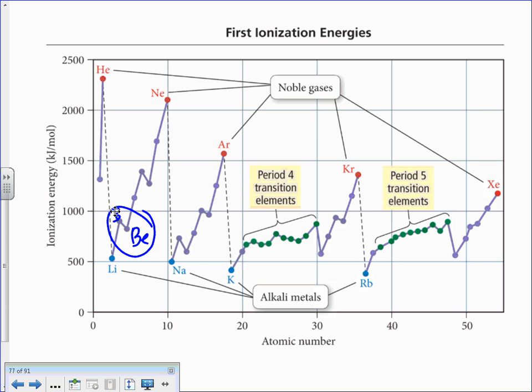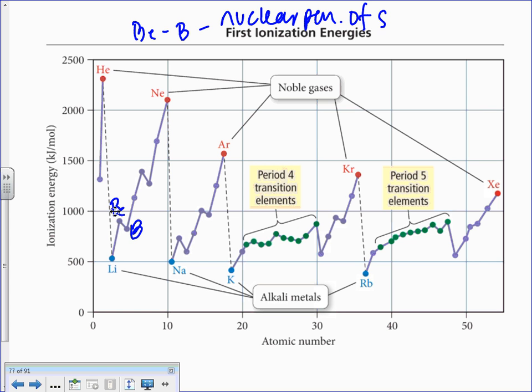The exception occurs because of nuclear penetration of the s sublevel. Boron is going to have technically a lower ionization energy because it has a p level electron that's easily removed because it's not undergoing nuclear penetration.